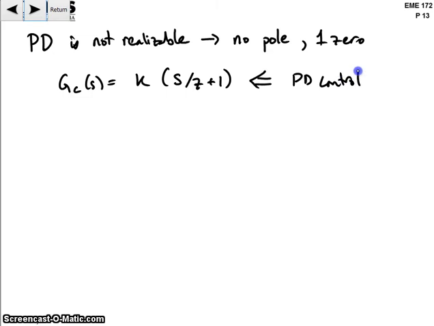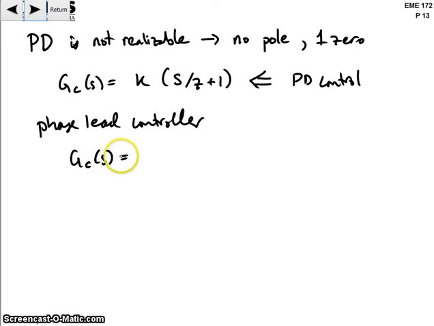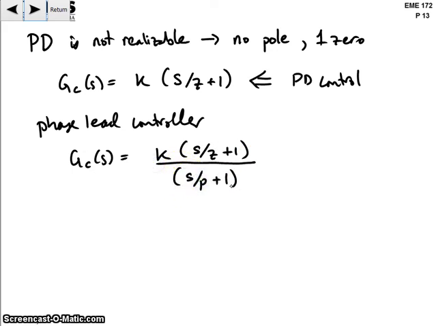There's also what's called a phase lead controller. And it looks like this: GC of S equals K times S over Z plus 1, divided by S over P plus 1. So it has an additional pole.